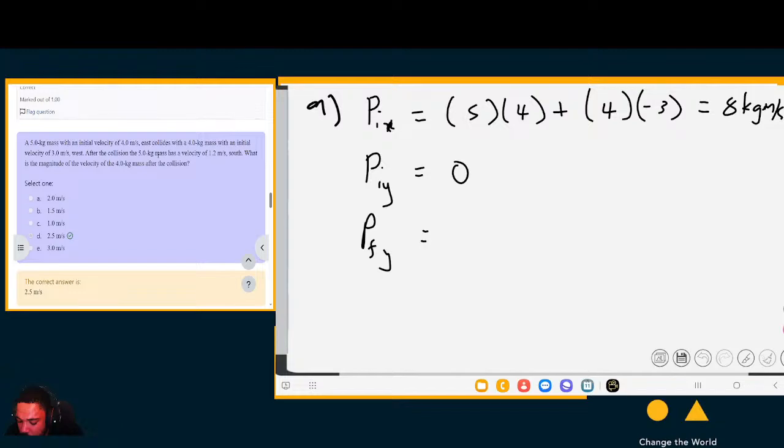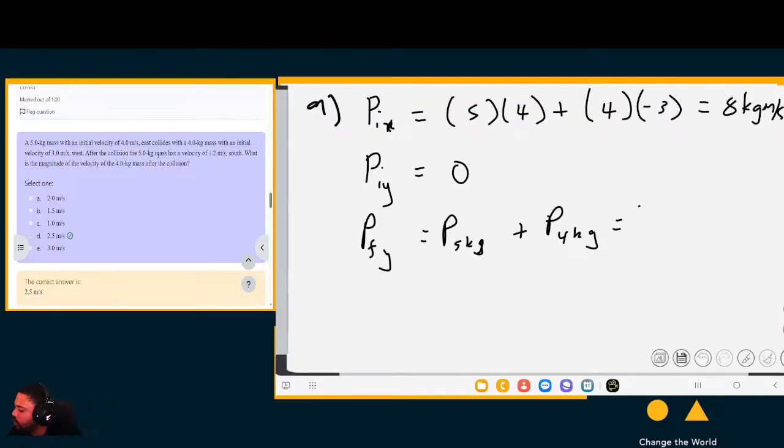So the final momentum in the y direction is going to be the momentum from the 5 kilogram block in the y direction plus the momentum of the 4 kilogram block finally in the y direction, and that's going to be equal to 5 kilogram.